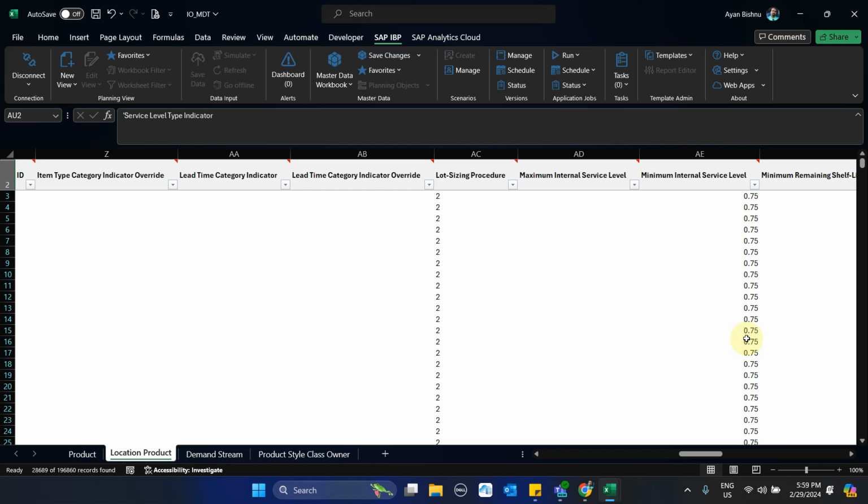So accordingly you can change your internal service level based on whether a component is at level 1 BOM, level 2 BOM, level 3 BOM or level 4 BOM. So these are the few important attributes in the location product master that we need to be cognizant about while setting up inventory optimization.